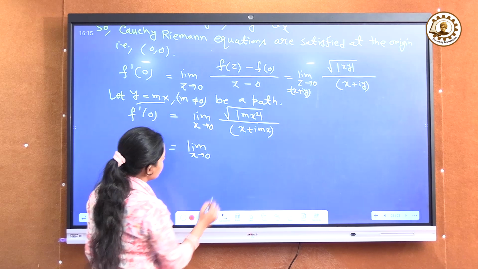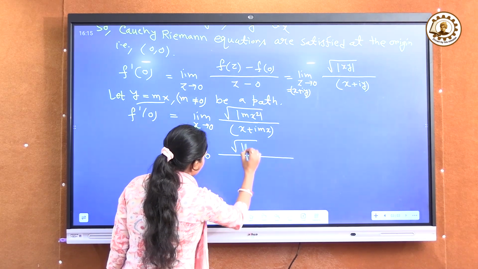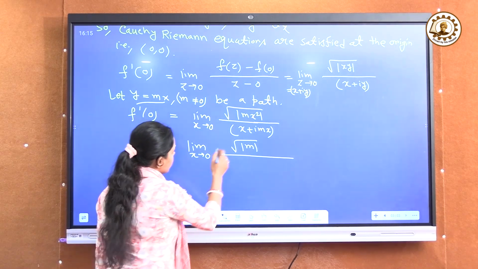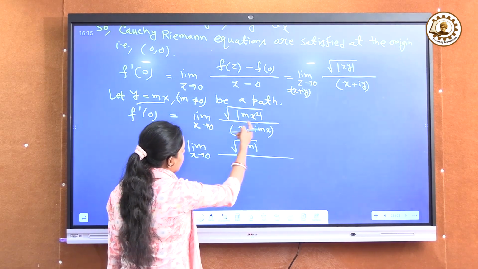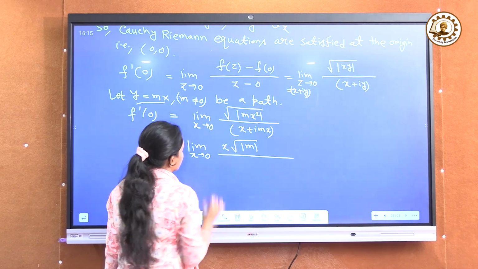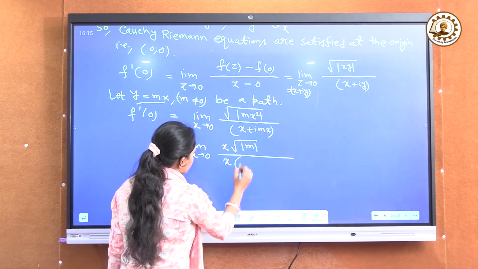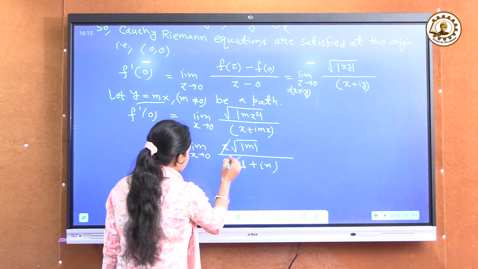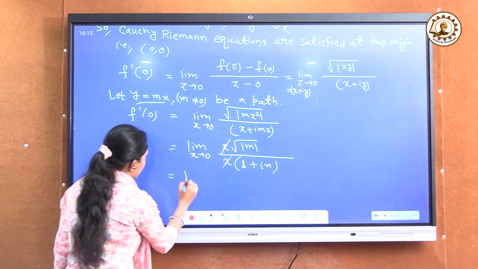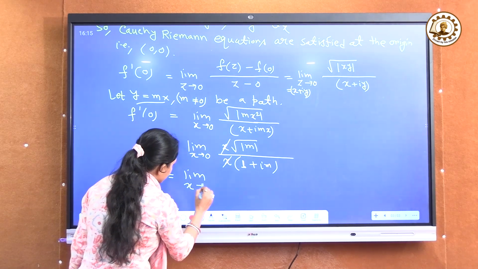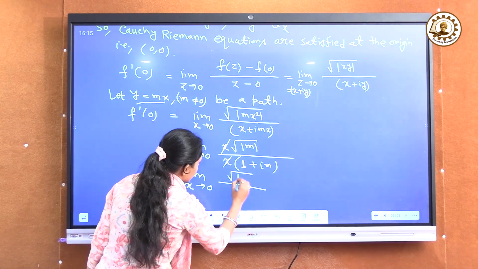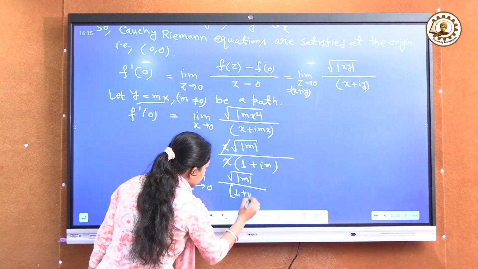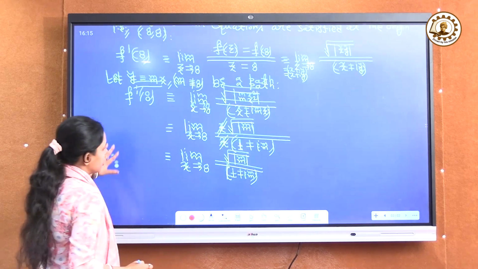Now we calculate this limit. Limit x tends to 0, root over mod m is constant, and root over mod x squared gives x, and x is common in the denominator: x times 1 plus i m. Now we cancel out the x, and the form is limit x tends to 0 of root over mod m divided by 1 plus i m.